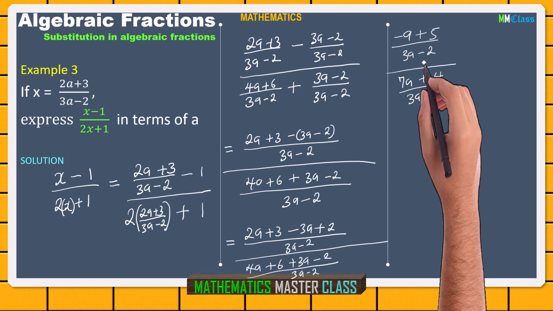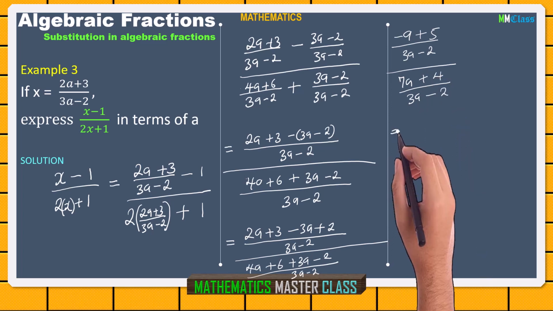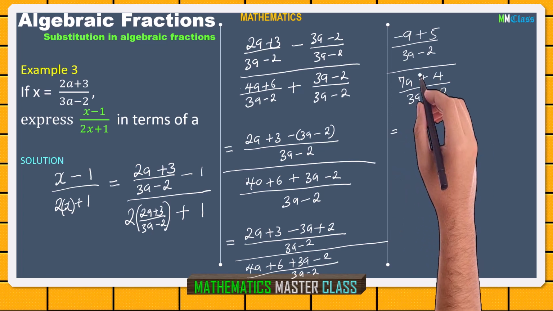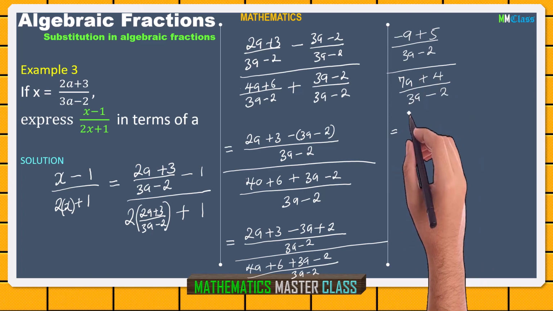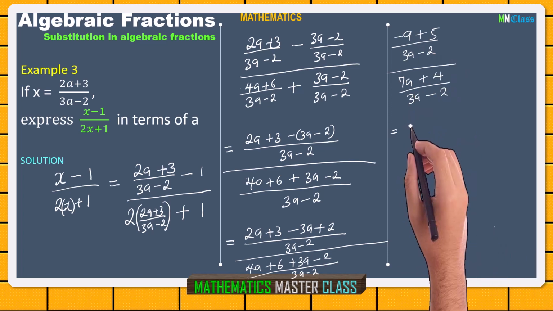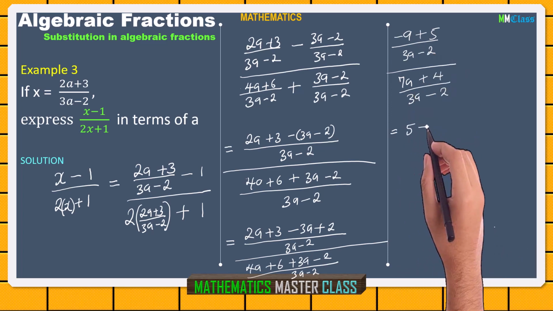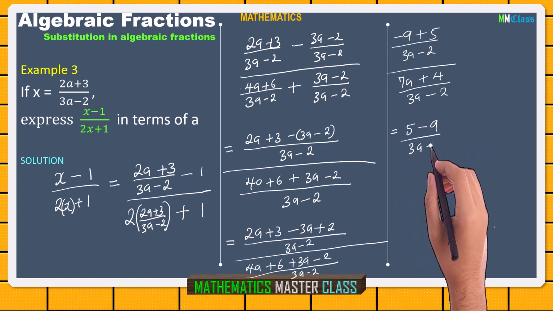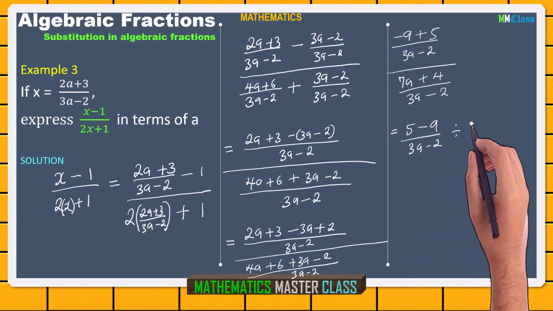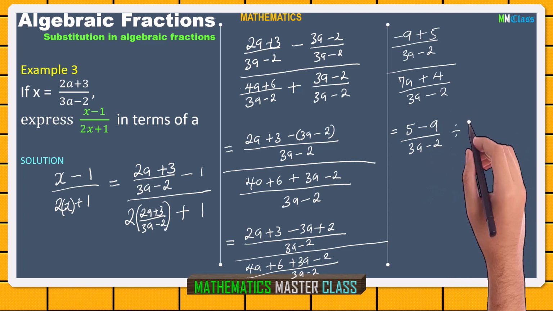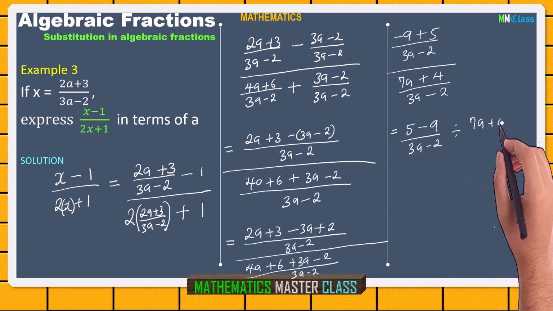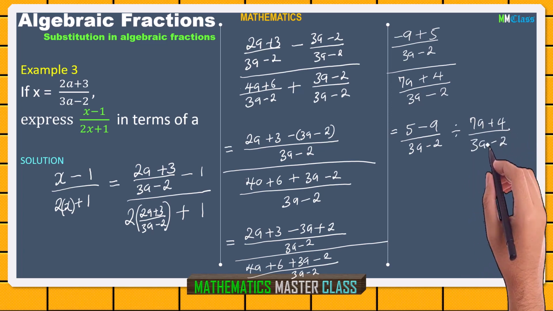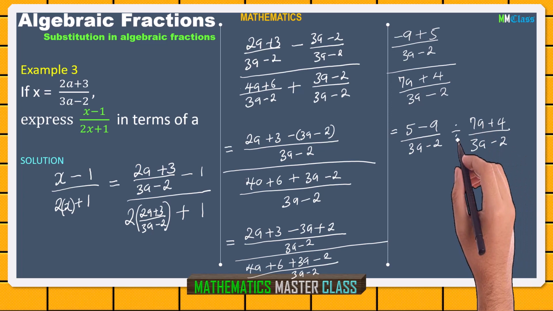So this will be equal to, I want to rewrite the whole of this expression. Let me rewrite this one first as 5 minus a all over 3a minus 2, to be divided by the denominator now, which is 7a plus 4 all over 3a minus 2. So we can change this because of division.